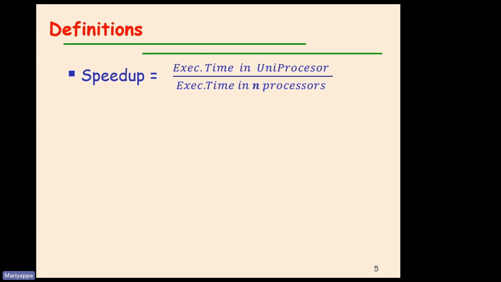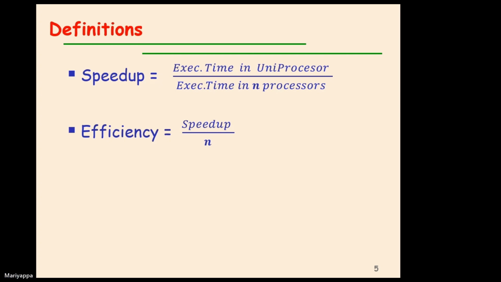Let's say you are running it on n processors, then you want your execution time to reduce proportionally. So we define speedup as the ratio of execution time on a single processor to execution time on n processors. You expect this value to be close to n, and if it is, your efficiency is 1. In most cases it will be below 1, so you will have a speedup which is less than n.